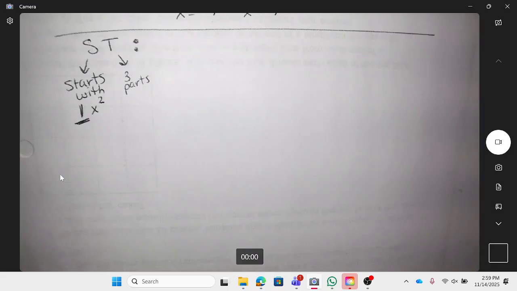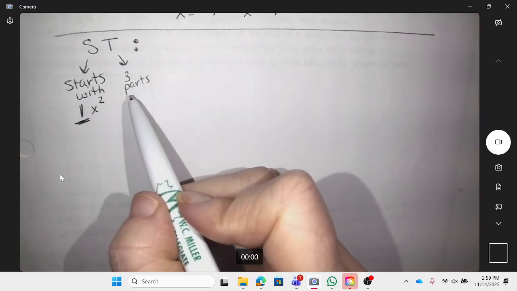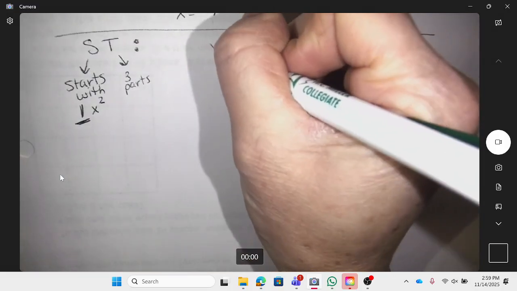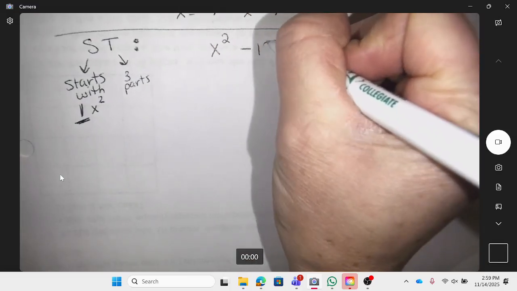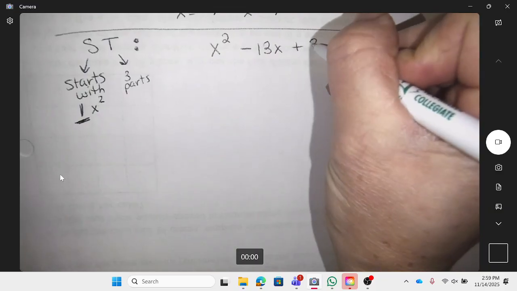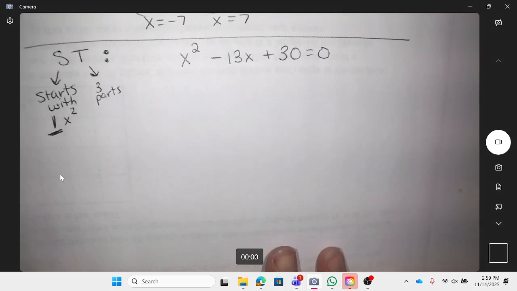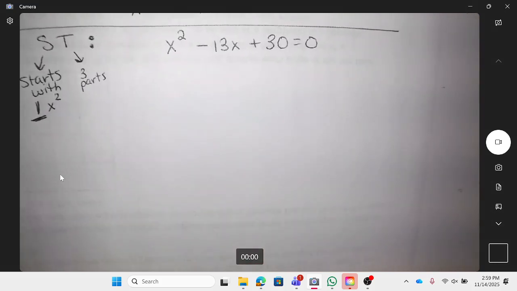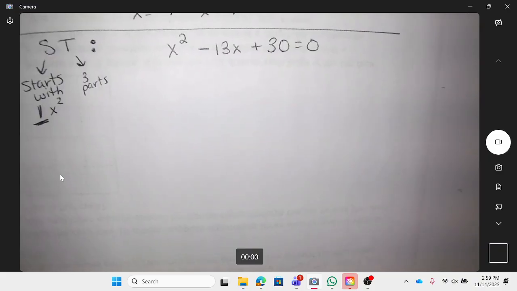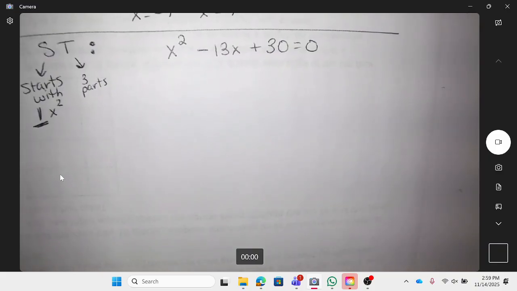That's what makes it simple. And a trinomial is there's 3 parts. Starts with 1x squared, and it has 3 parts.